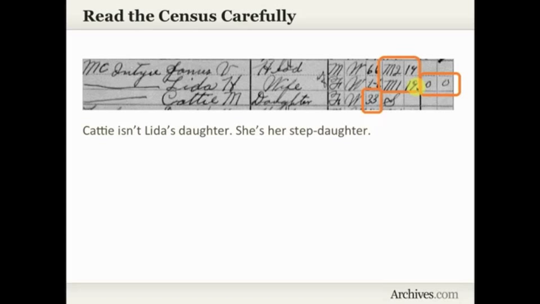So again, make sure that you're looking at all of the information in the census and you're putting all of it together, because it would be pretty easy to just read this and say, oh, Caddy is the daughter of James and Lida. Well, looking at the rest of the information in the census entry, we see that no, Caddy is actually Lida's stepdaughter.